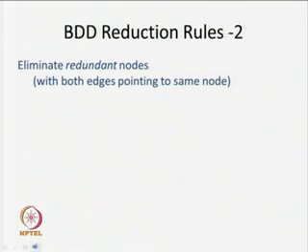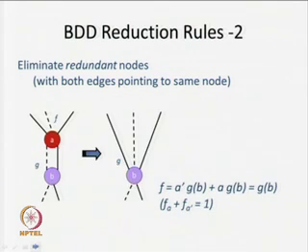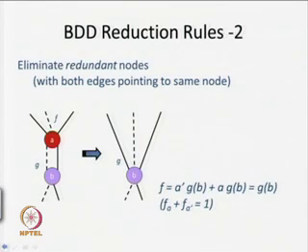The second reduction rule is the elimination of redundant nodes. That means nodes with both edges pointing to the same node. Just see that we are having this partial BDD. Just consider this one. We are taking some decision, we come to A. When A equals 0, it points to this non-terminal node.